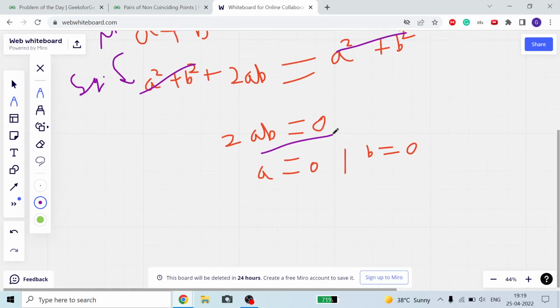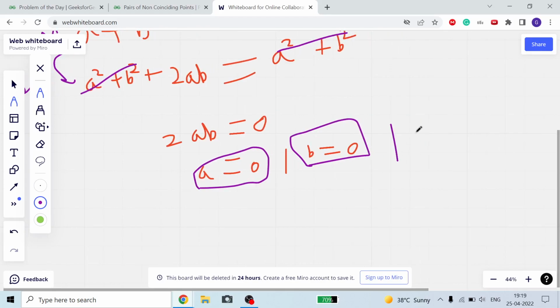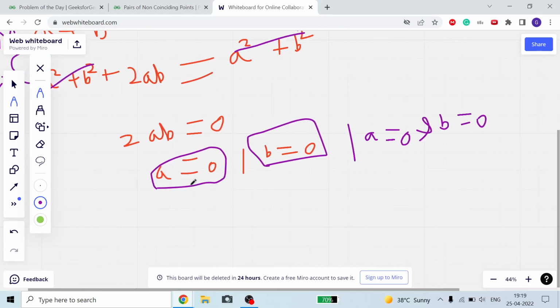So from this I got two conditions: either my a can be 0 or my b can be 0, or it can be possible that both of them are 0. But now think, if only my a is equal to 0 and b is not equal to 0, it means my x coordinate is the same.